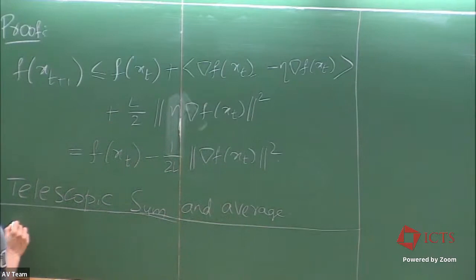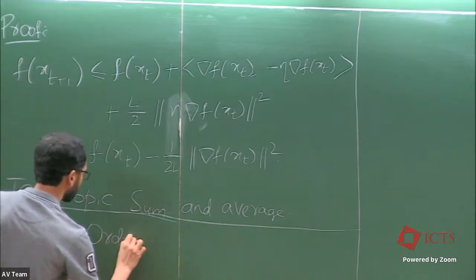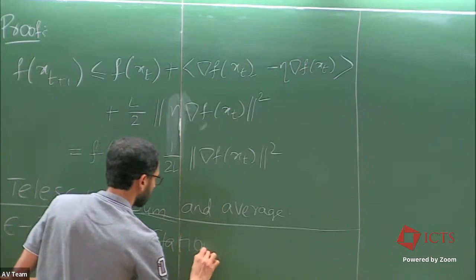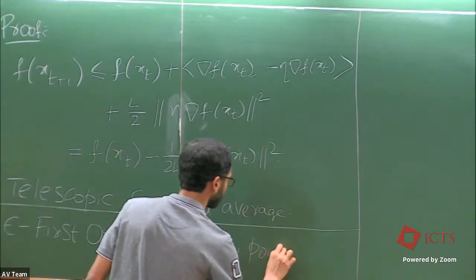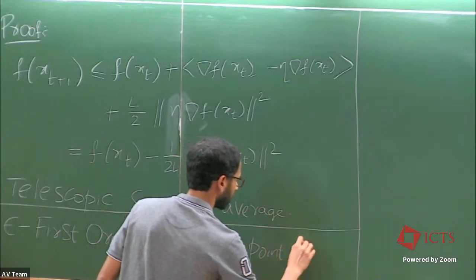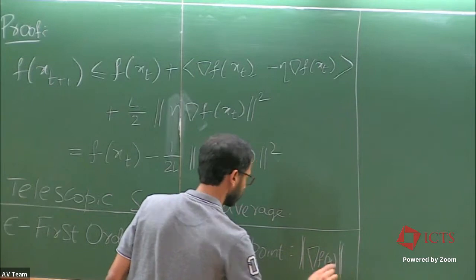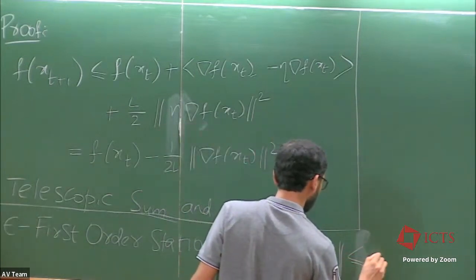So a point is called epsilon first order stationary point if norm grad f of x is less than or equal to epsilon.